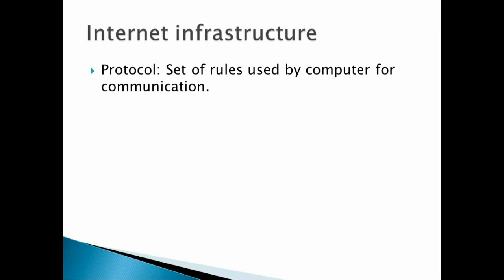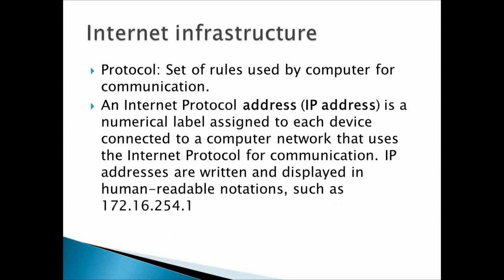So when someone uses the internet, they are actually connecting through this unique IP address. Okay, so how does it look? The IP address looks like this: 172.16.254.1. It has 4 parts, and all 4 parts are divided by dots.